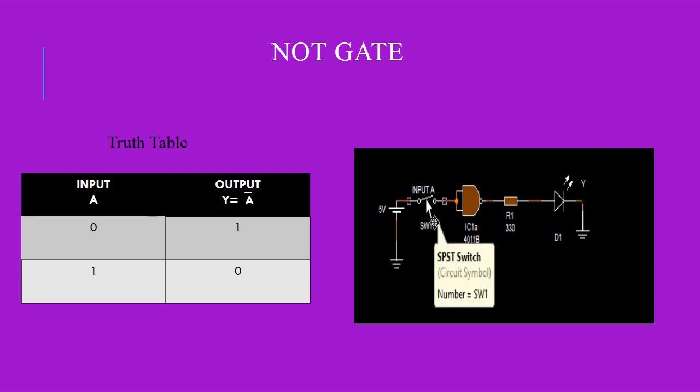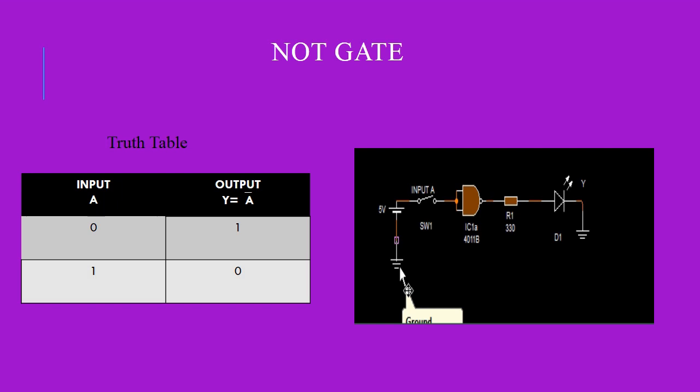Switch 1 acts as input A. Switch 1 is connected with the 5-volt DC power supply. The positive terminal is connected with the switch and the negative terminal of the 5-volt power supply is connected with the ground terminal.